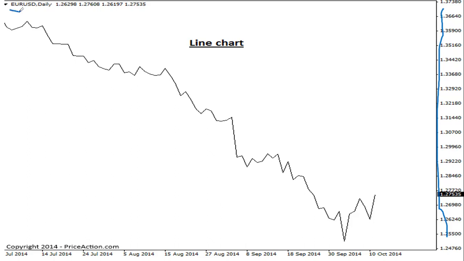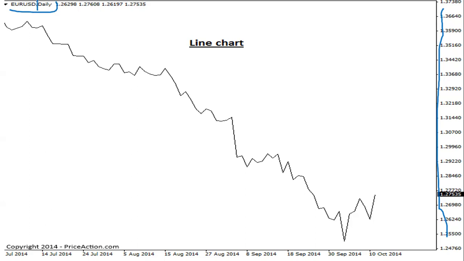So in this case, there is the Euro USD. Then you are also able to see the time frame. In this case, we are looking at the time frame of daily, which is 24 hours. So now, this is how a price chart looks like.